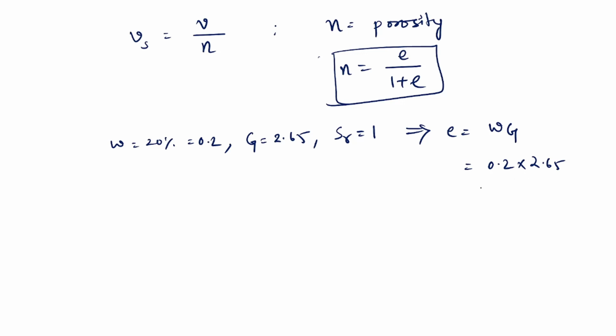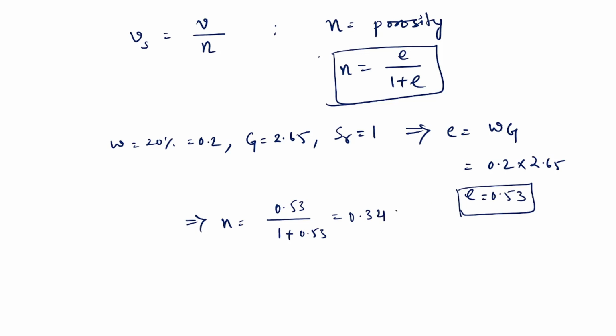It's 0.53. e is 0.53. Then what is n? 0.53 divided by 1 plus 0.53, you will get 0.3464.